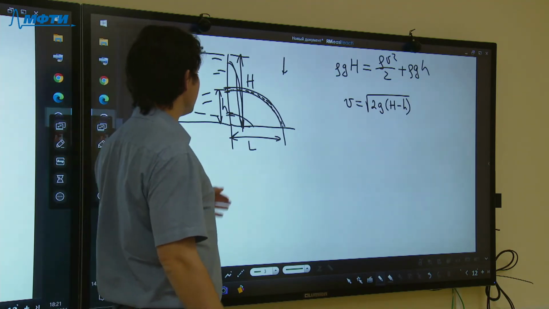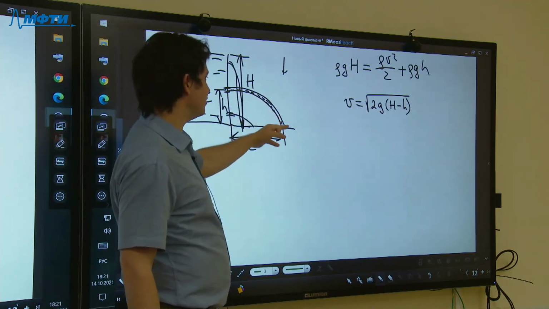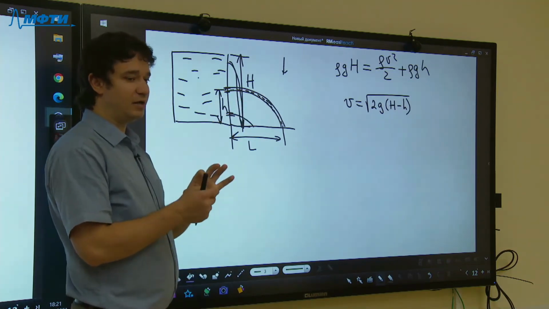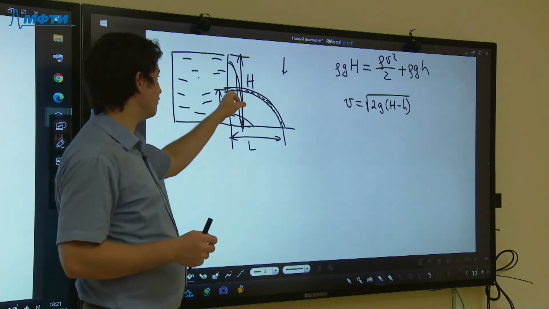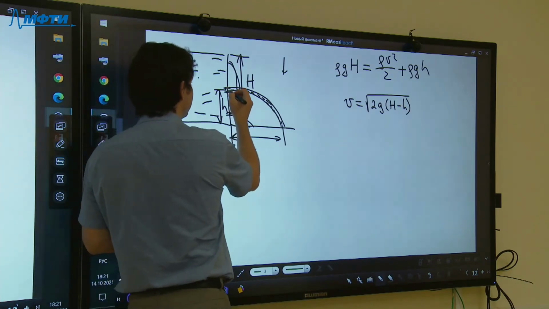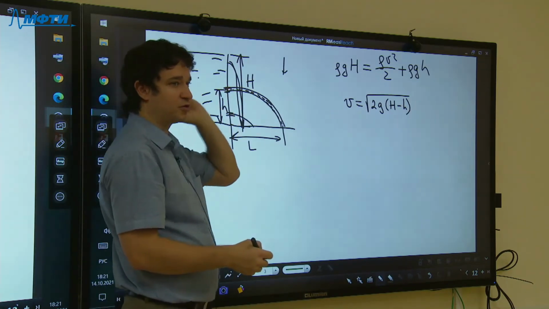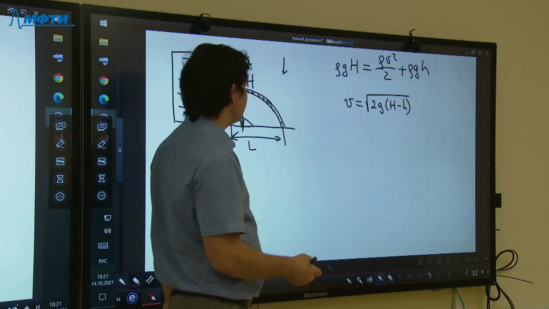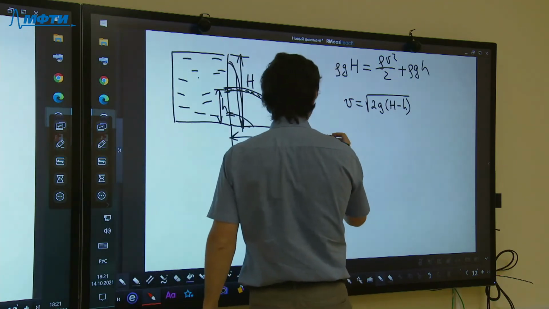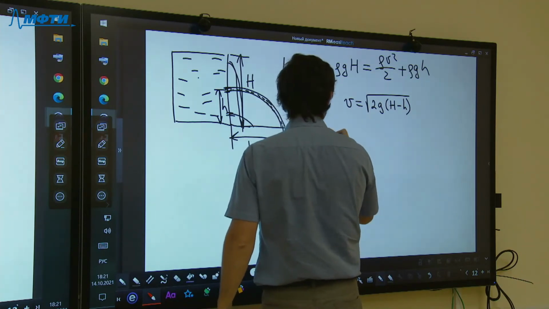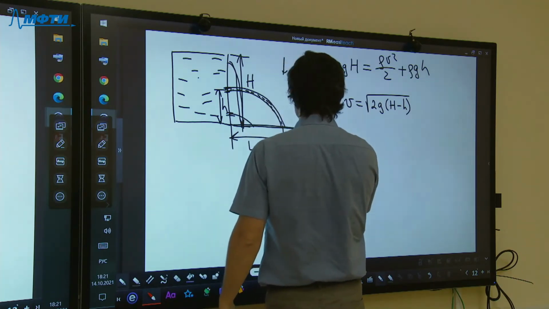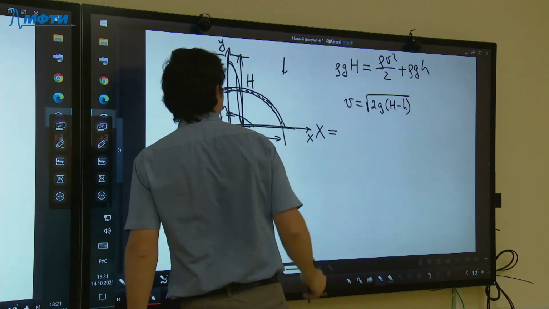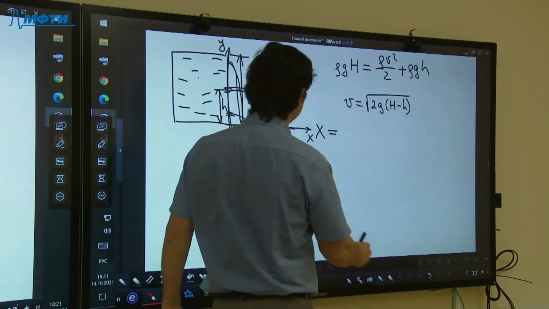And now I need to calculate the distance traveled by the water. I assume that when this water travels, it does so independently from other parts. So it can be considered like the motion of an object thrown with your hand. If I choose this frame of reference here, I can write the law of motion.